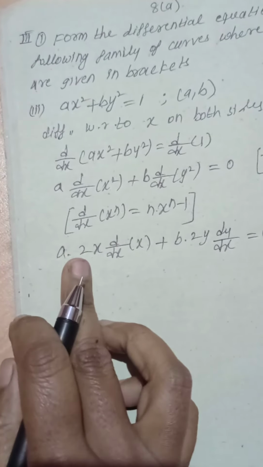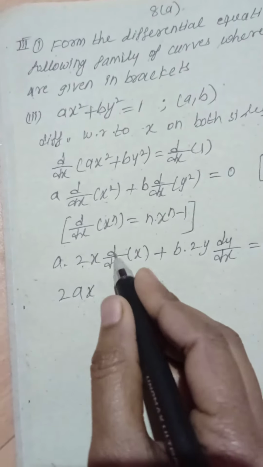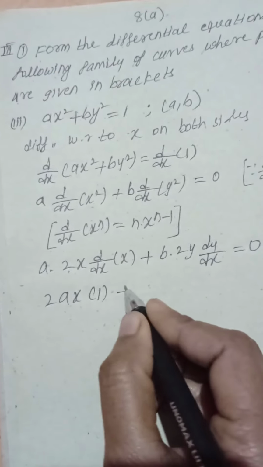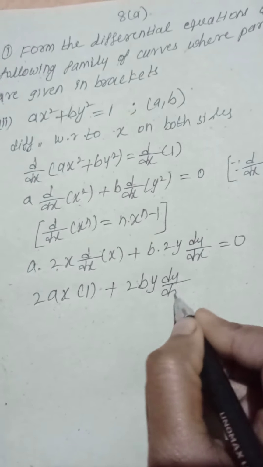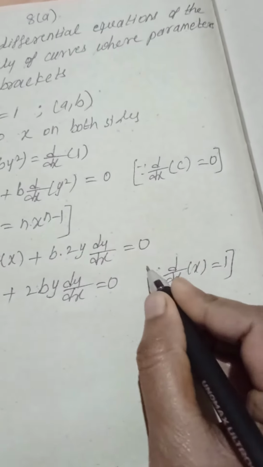So in this equation 2 is constant, so 2ax d by dx of x, derivative of x is 1, plus 2by dy by dx equal to 0, since d by dx of x equal to 1.